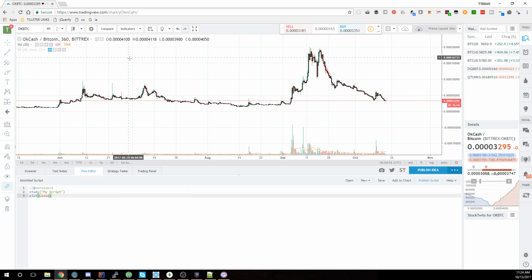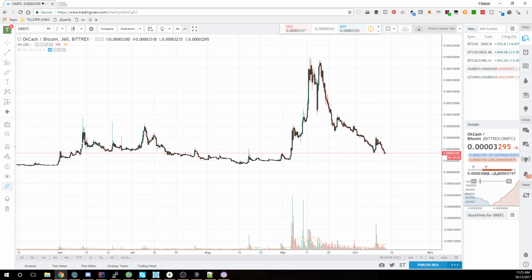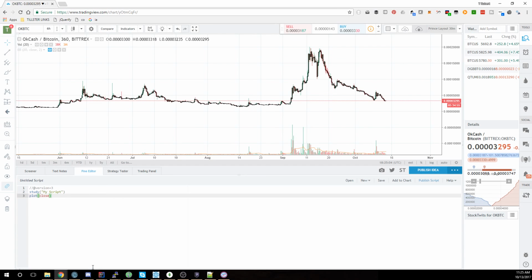Previously, we've been working in TradingView, and we've been sort of ignoring this little panel right here, which hides itself down there. But if you click on the Pine editor at the bottom, it will bring up this nice view.